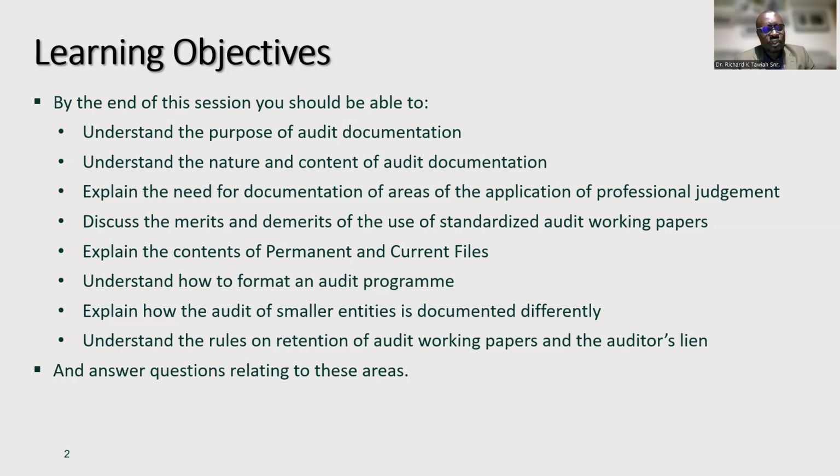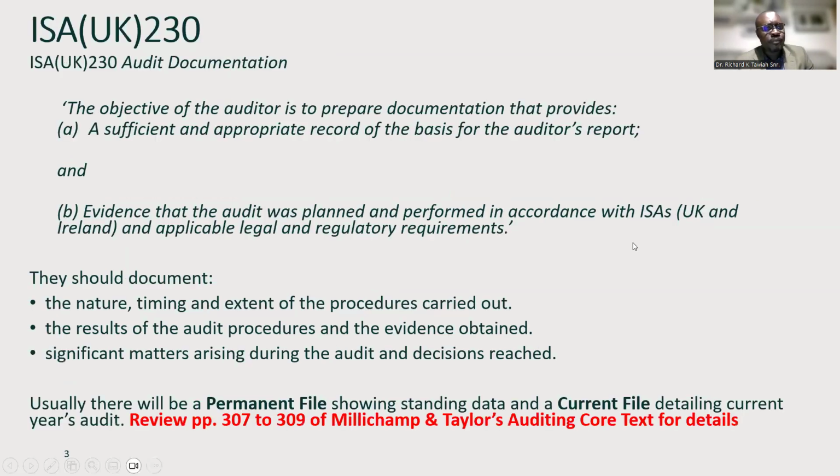And then we want to understand the rules on retention of audit working papers and the auditor's lien on these working papers, the right to hold onto these working papers. All right. ISA 230 deals with audit documentation.